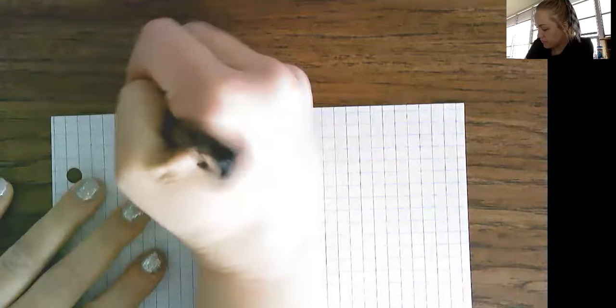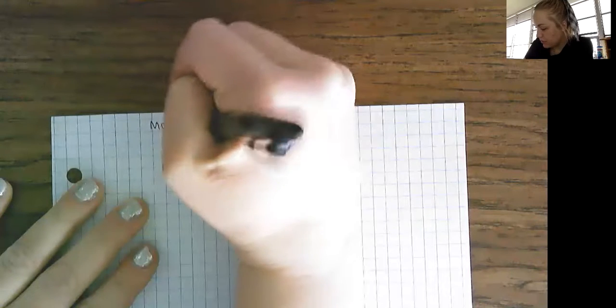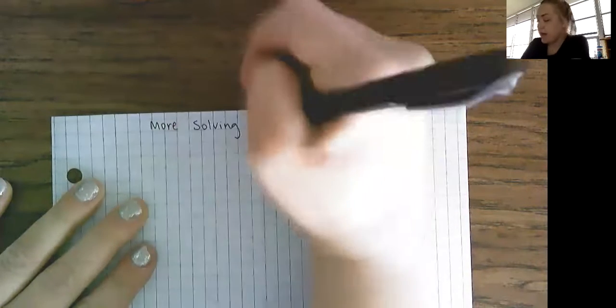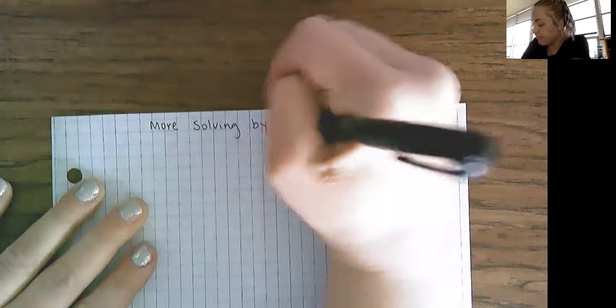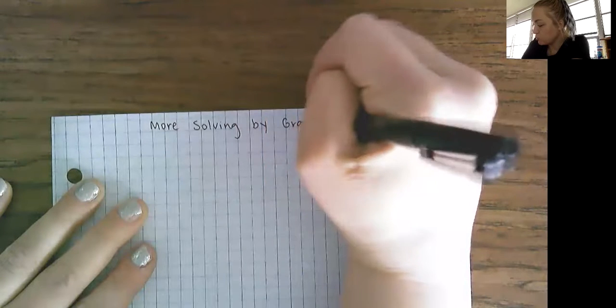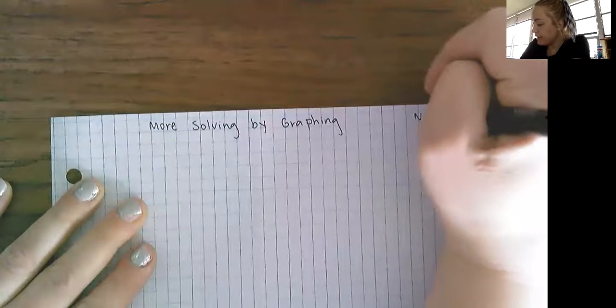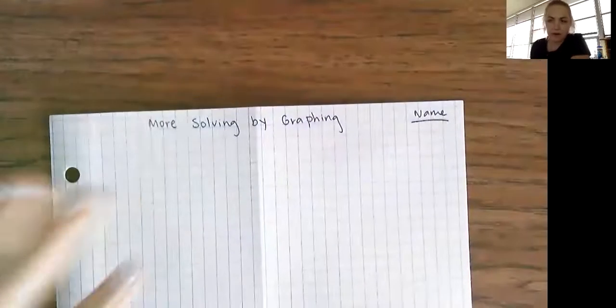Okay, so at the very top of this paper, I'm gonna put a title called More Solving by Graphing. And then you're going to put your name at the very top on the far right corner.